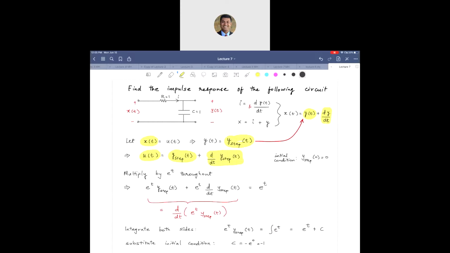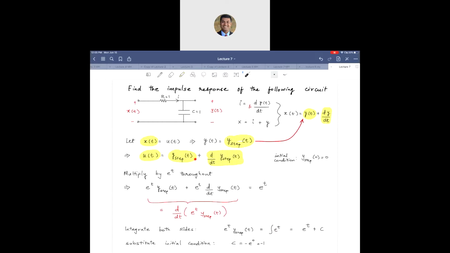I'm going to assume that the initial condition is 0, which means that the voltage across that capacitor at time 0 is 0. This will help find the integration constant later on.